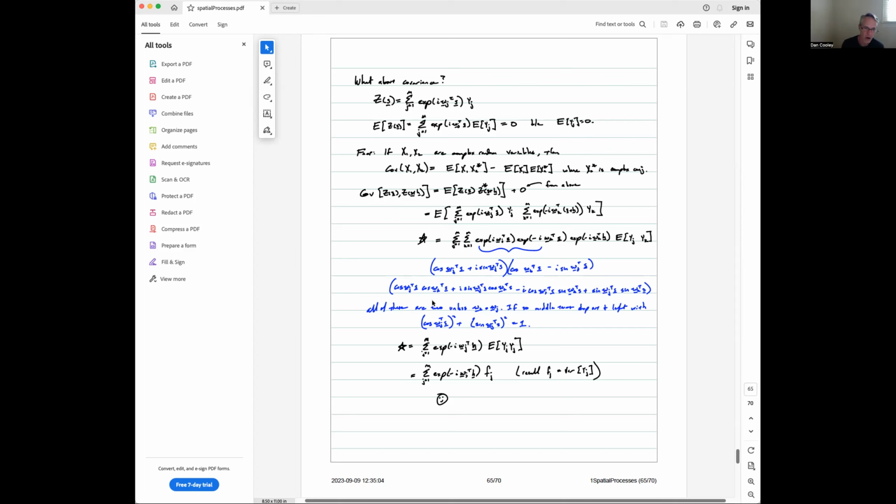And so all of these pieces are going to be 0 unless omega k equals omega j. If that's true, then this becomes cosine of omega j squared. This is sine omega j, cosine omega j, and then we've got cosine omega j, sine omega j, and I've got plus and minus.